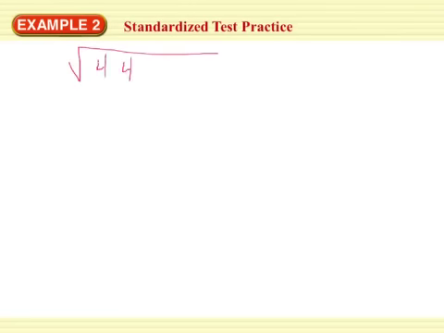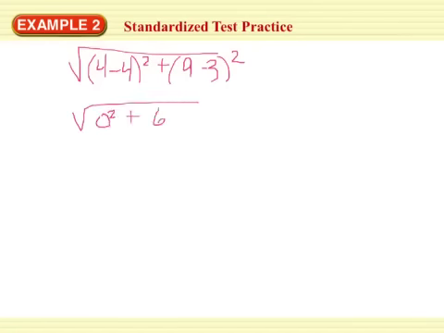4 minus 4 squared, 9 minus 3, 0 squared plus 6 squared, 36. So GK is 6. Awesome.